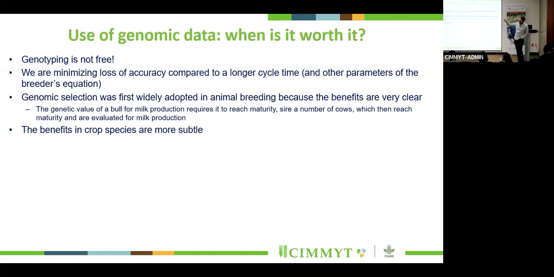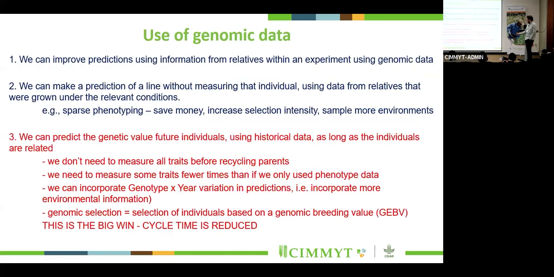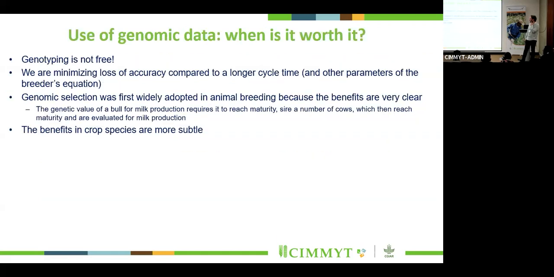We have to think, if we implement a genomic selection strategy with these other parameters in the breeder's equation, and we look at how that works, is it worth doing? And usually it is worth doing if we're predicting future individuals to reduce the cycle time. Probably, if you only did this, you're looking at marginal gains.